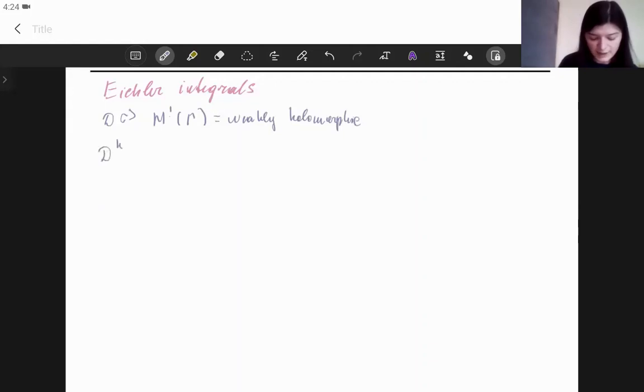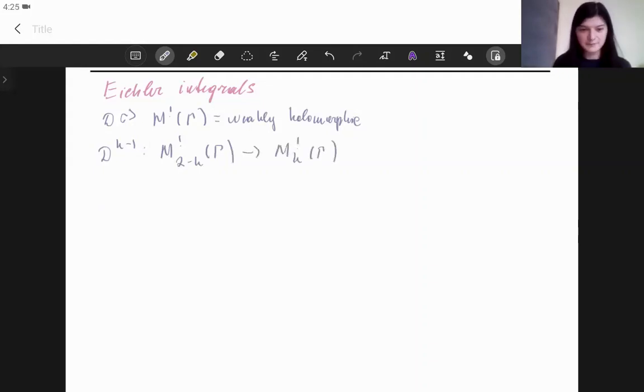And if we apply it k-1 times, we get a map from the weakly holomorphic modular forms of weight 2 minus k into the weight k weakly holomorphic modular forms. So we have a differential operator, and we might want to ask, okay, well, what happens if we're taking the inverse of this operator? And that's exactly where the Eichler integrals are coming from. We might want to look at what is the inverse image of a cusp form.